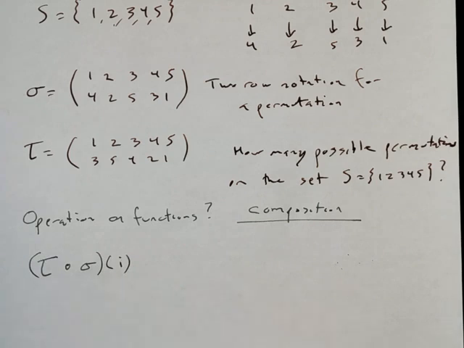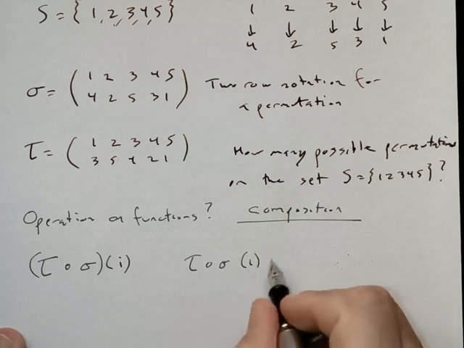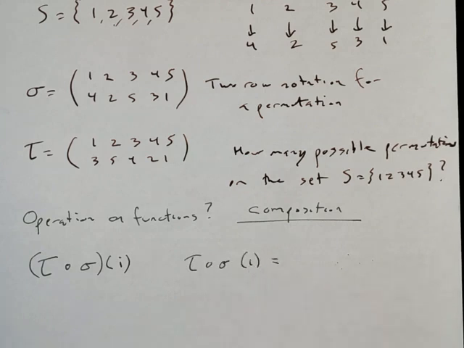So if I were to put in 1, what would I get if I did tau composed with sigma of 1? Wait, no, you get 5. How? Because tau goes from 1 to 3, and then you take sigma and go from 3 to 5. Oops.